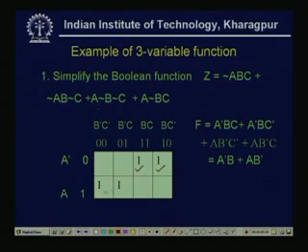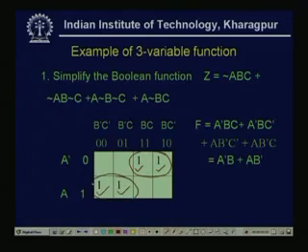Then a b bar c bar means the third min term. The fourth min term is a b bar c. So, this is another min term. Now, if we try to find out the couples or quads, you see here only 2 couples exist. So, this is one couple, and this is another couple.